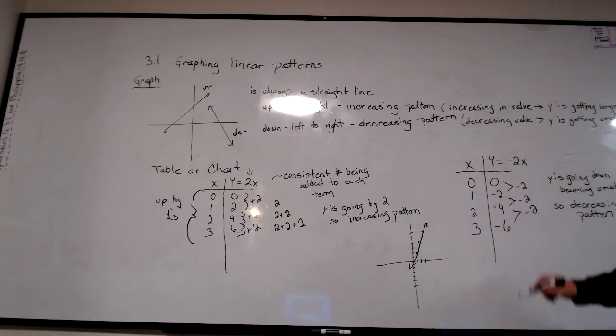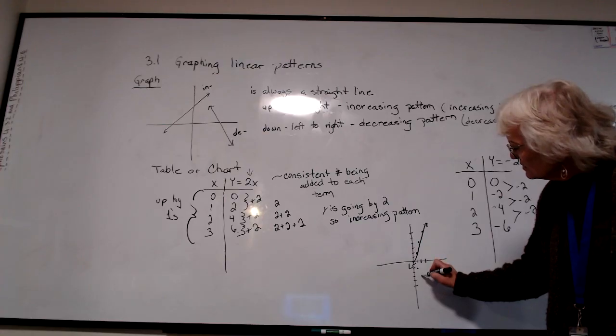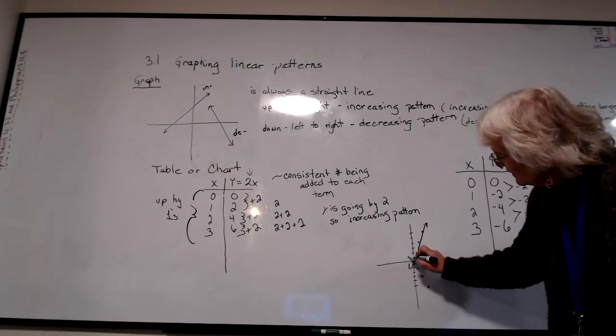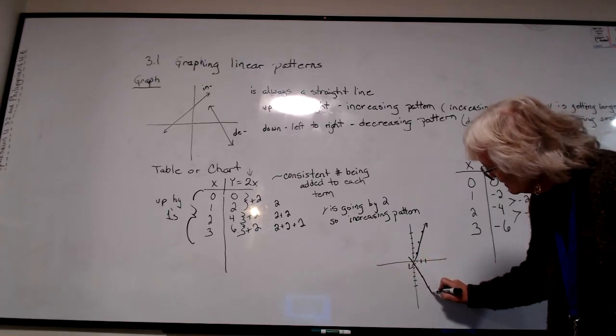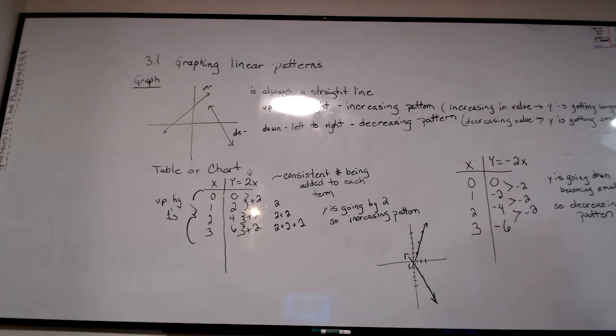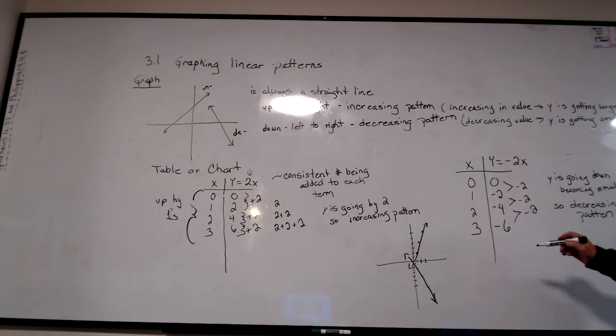Okay? Let's look what we have here. It's 1, negative 2, 2, negative 4, 3, negative 6. This line is decreasing because it's going down from left to right. So our graph and our table or chart both show the same things.